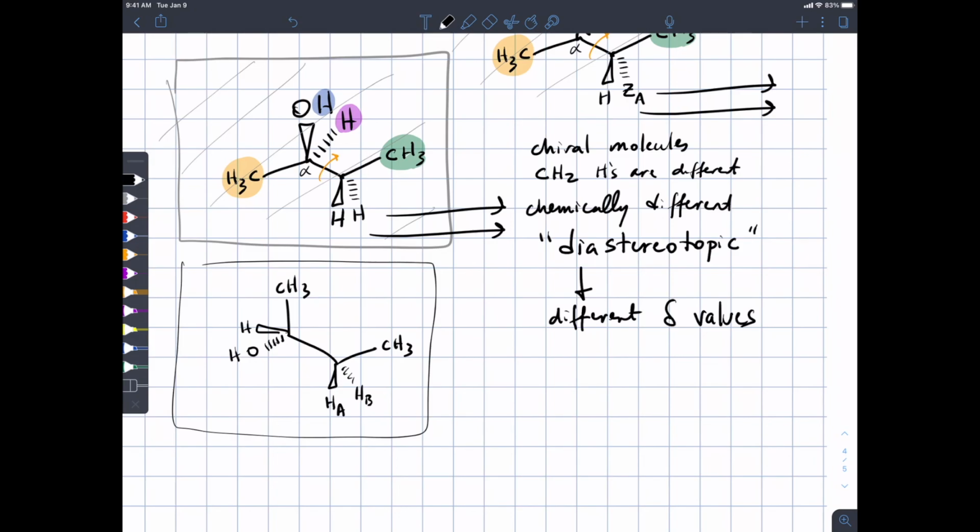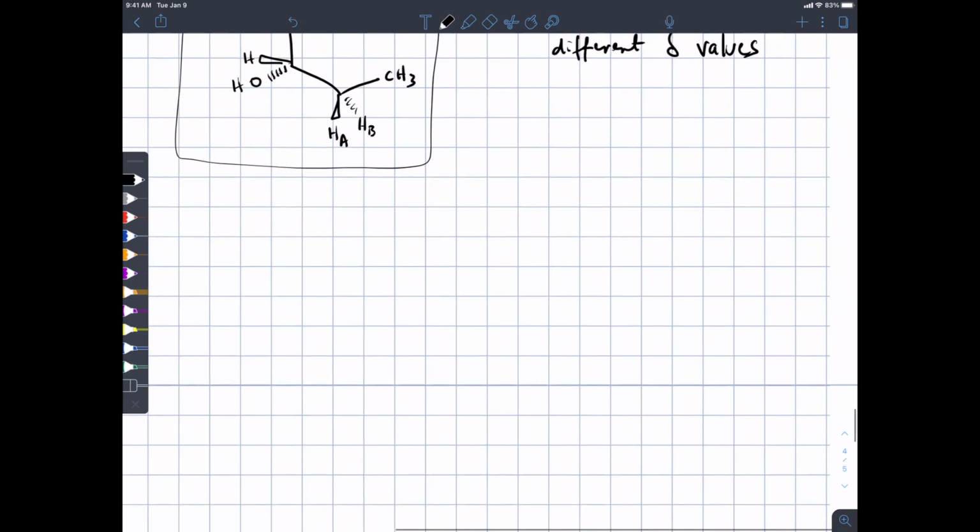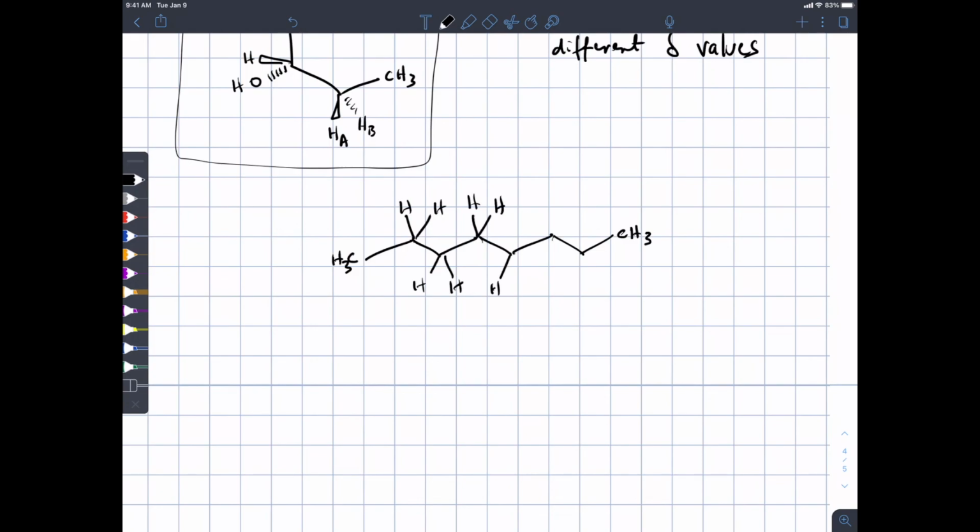Does it matter if there's a lot of the same types of protons? If you have a bigger molecule, like a polymer, and it has a lot of the same types of hydrogens, how does that affect ppm? So the question is, if you have a molecule where there's a lot of similar kinds of hydrogens, how will that affect chemical shift?